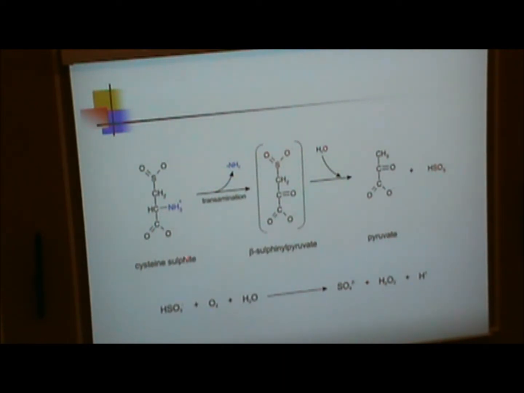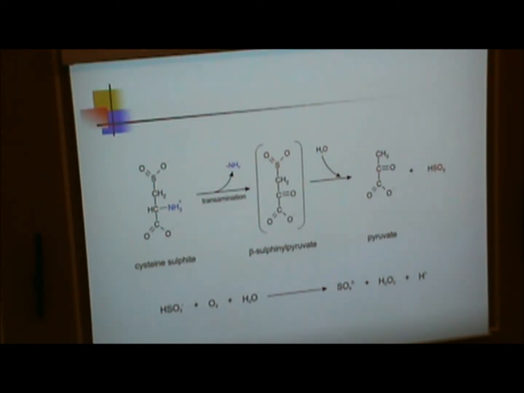Not sulfate, sorry, but sulfite. Cysteine sulfite is submitted to transamination. The amino group is removed. A ketone group appears in this place.